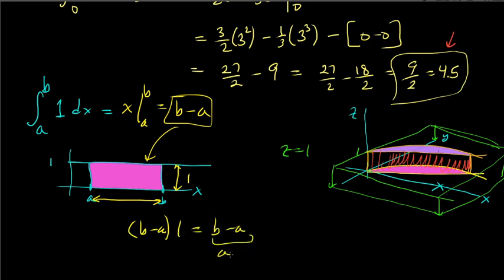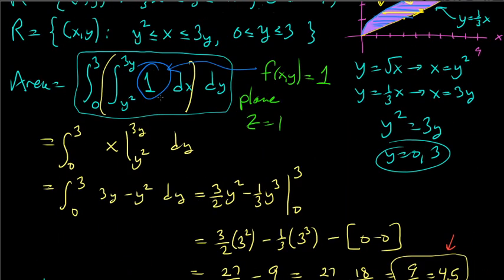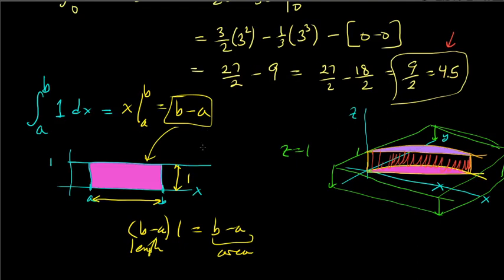Here we're thinking of it as an area. Here we're thinking of it as a length. So back to this problem, z equals 1. So we're thinking about the region R, the area of that region, or the volume when the height is 1. Same thing.